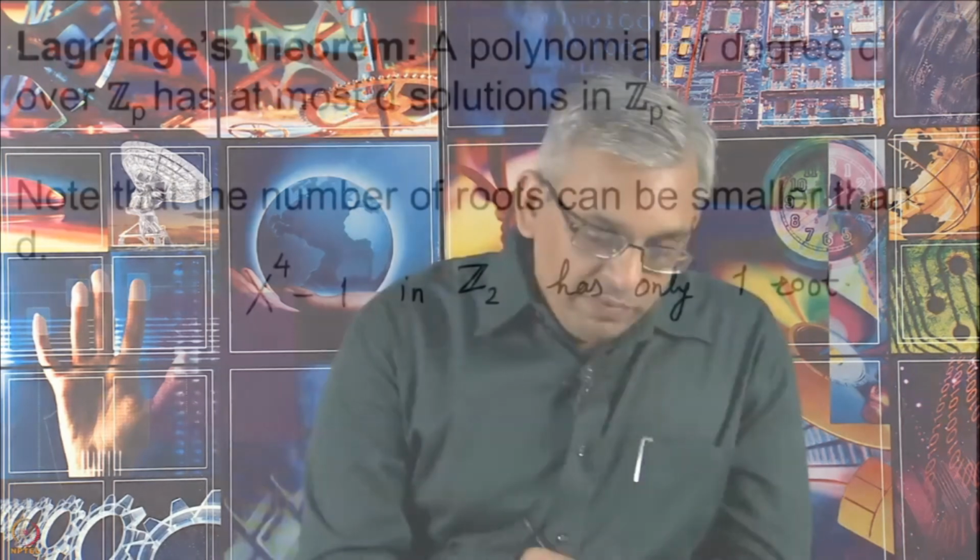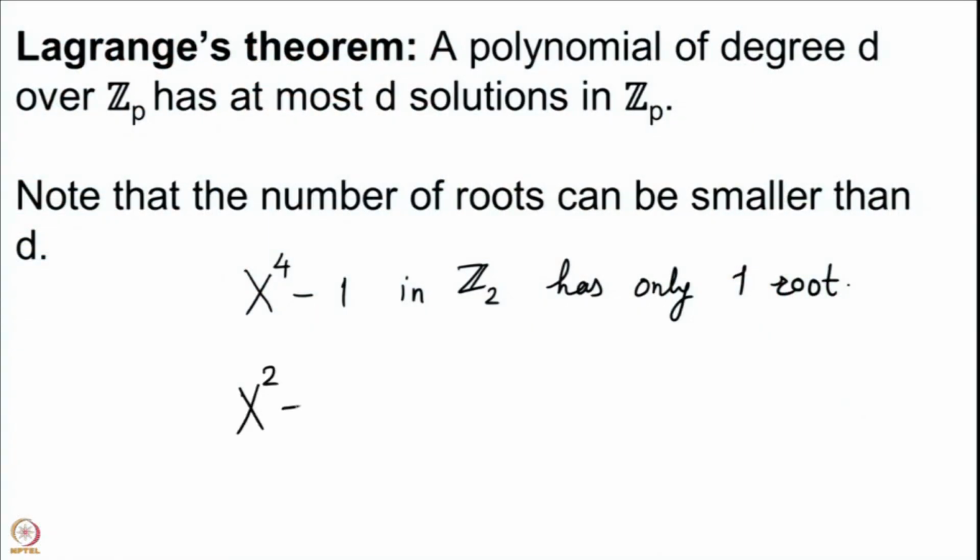So, I should give you an example where the prime p is bigger than the degree and yet we have a smaller number of roots, and so we will look at x square plus 1 in, let us say, Z7, which has no roots.